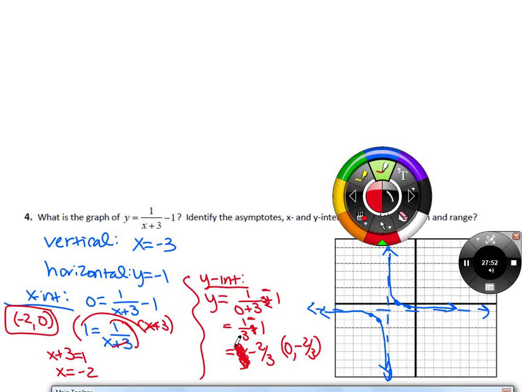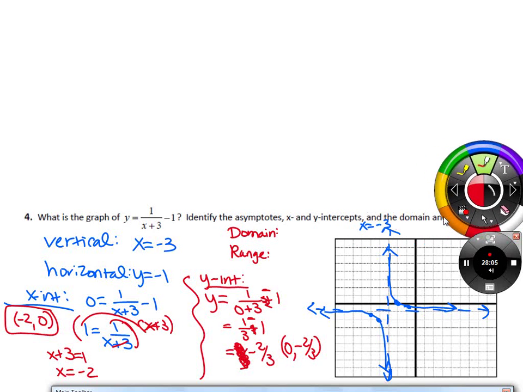Okay. So last thing, domain and range. And we're going to practice our interval notation. So domain, looking from the left and the right, can you plug in every x value? So is it all real numbers? If I plug in any x value, I get an answer and a point on the graph.